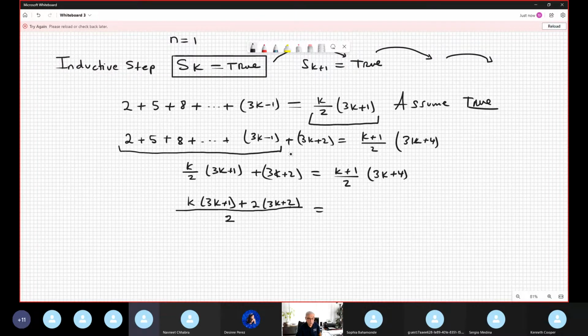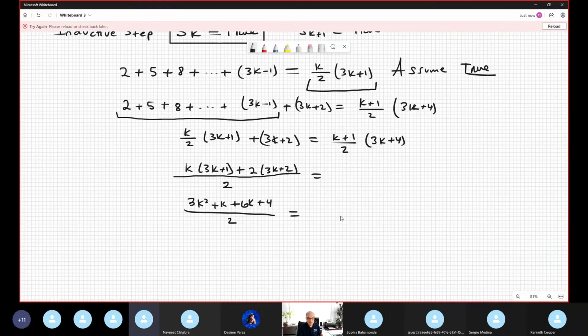Now distributive property, 3k squared plus k plus 6k plus 4 divided by 2. Combined later, it is 3k squared plus 7k plus 4 divided by 2. Okay, stop. Leave it like that for a moment. Now, in that case, super easy because I see k plus 1 and k plus 2 we have in the bottom, and you FOIL that.